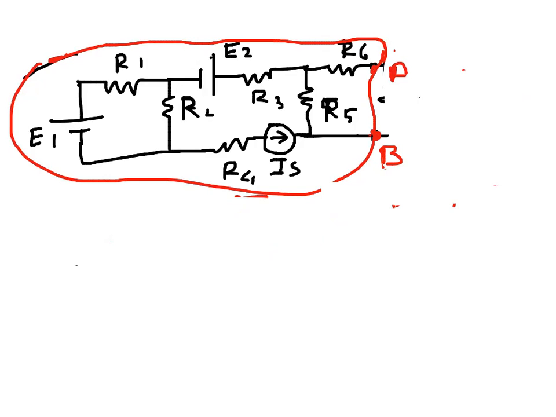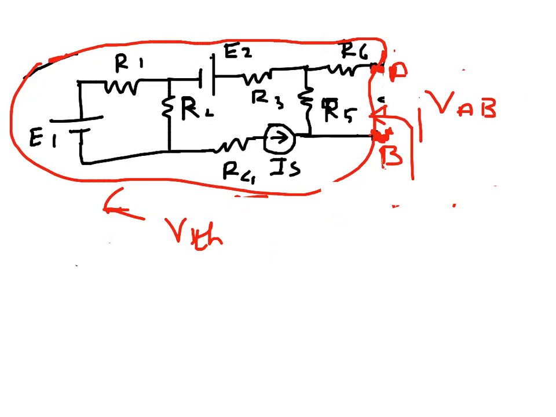So what is calculated is the open circuit voltage VAB, and that is called the Thevenin's voltage at this point. Everything else in the rest of the circuit to the left remains the same, because we are talking about this portion of the circuit, and we calculate the open circuit voltage here, that is the Thevenin's voltage.